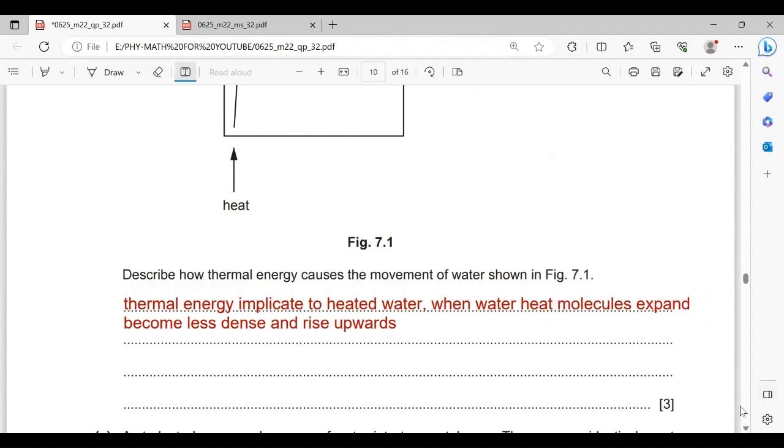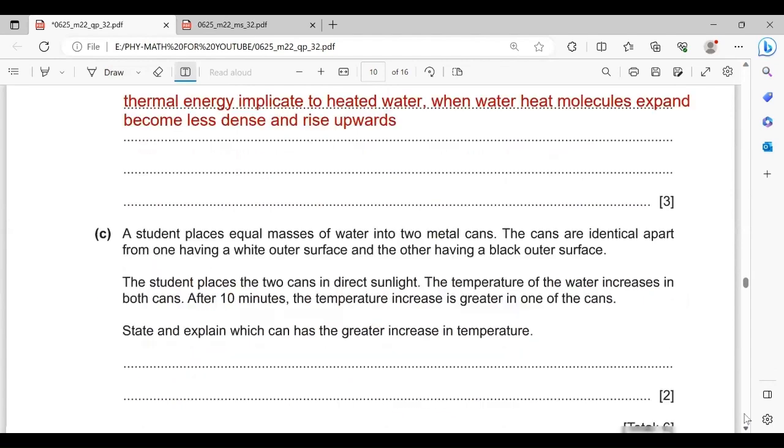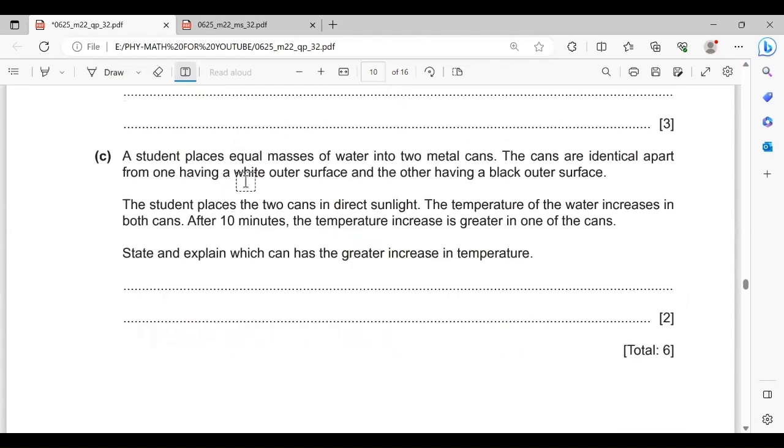Now, 7C. A student places equal masses of water into two metal cans. The cans are identical apart from one having a white outer surface and the other having a black outer surface. The student places the two cans in direct sunlight.